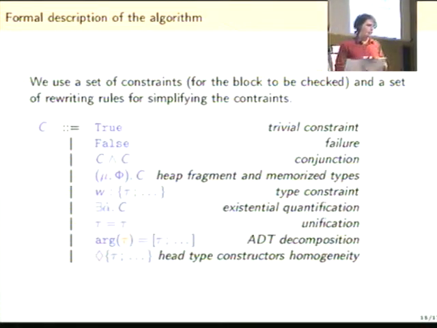Basically, it's a conjunction of constraints, and you can see there are all the elements presented before. We have existential quantification for the non-instantiated variables and the corresponding unification, and the last one is a predicate to ensure that a set of types share the same type constructors.